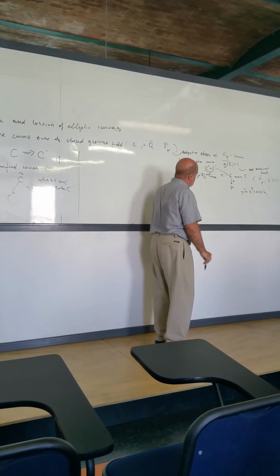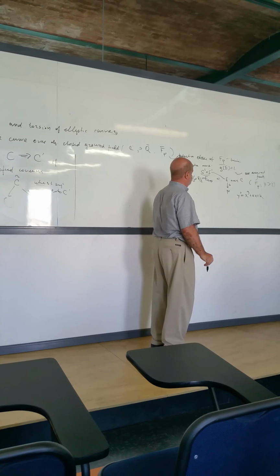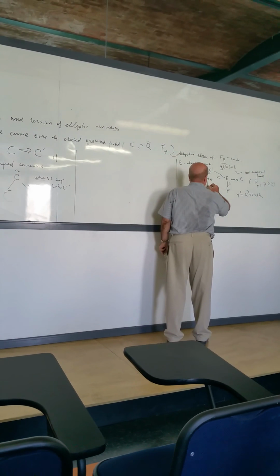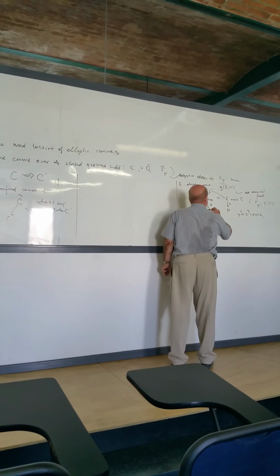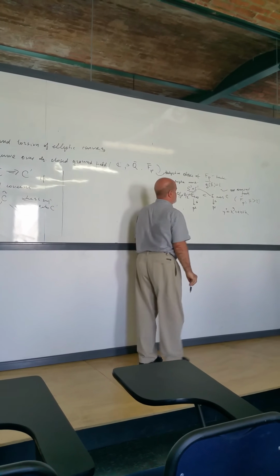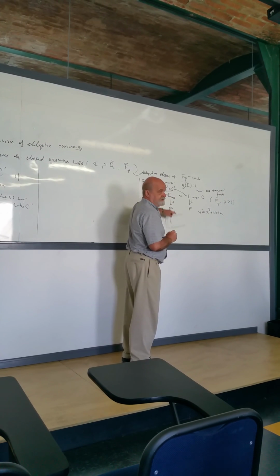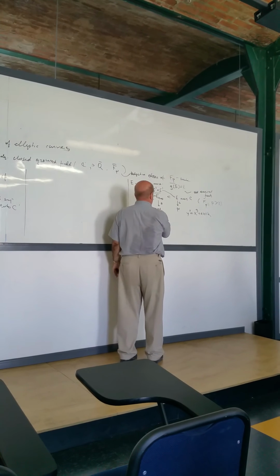Now, we take under this map we get into P1, so for every elliptic curve we have such a map. It is ramified over 4 points.